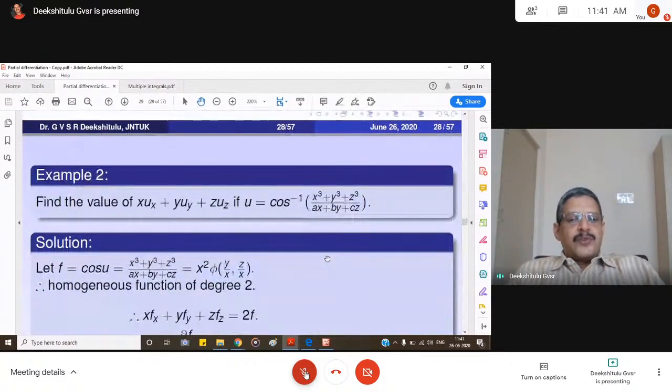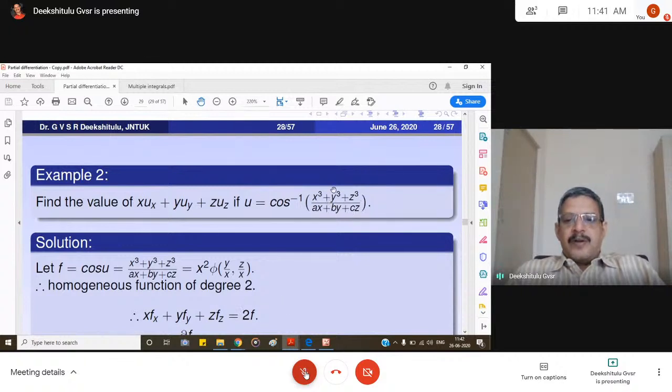Find the value of x dou u by dou x plus y dou u by dou y plus z dou u by dou z if u is equal to so and so. As we did in the last problem, consider cos u. Cos u is x cube plus y cube plus z cube by ax plus by plus cz. Call that f. So our f is cos u, which is equal to x cube plus y cube plus z cube by ax plus by plus cz.